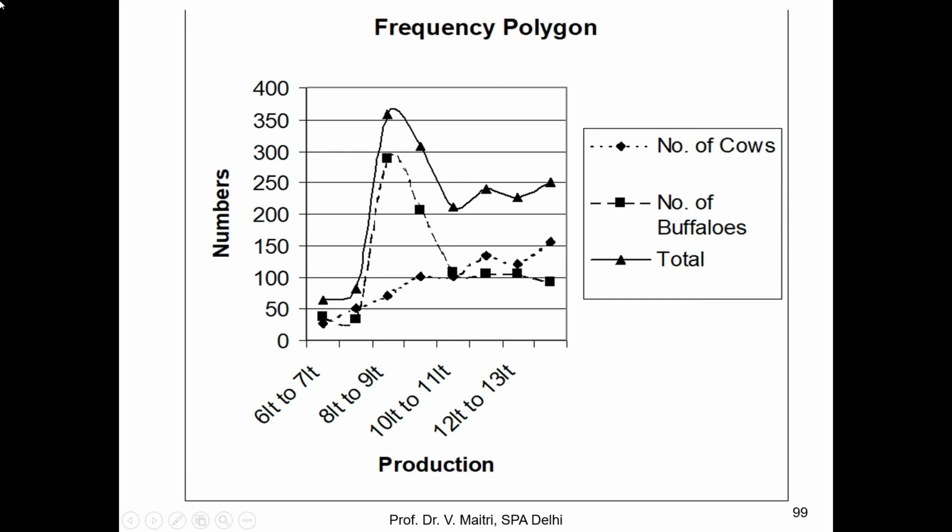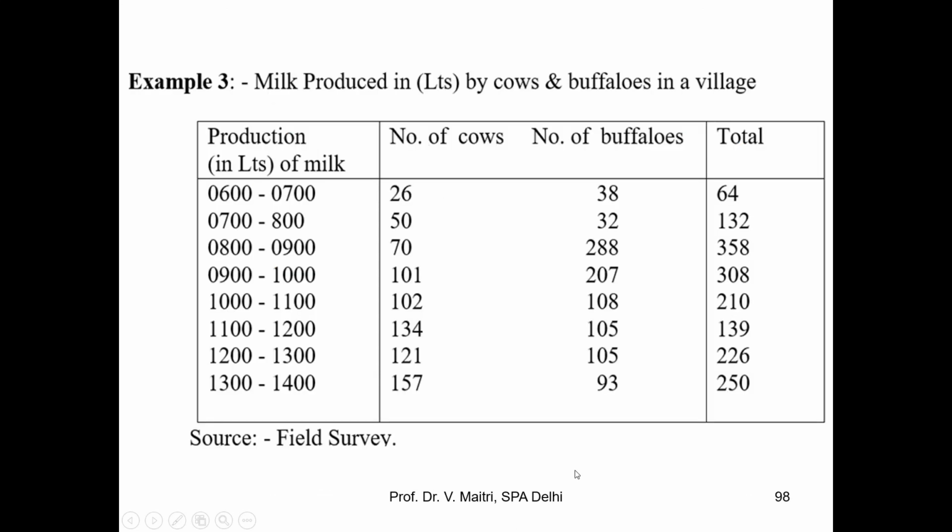Just see, number of cows at 61 liters, 71 liters, 81 liters, 91 liters. These cows we present as dots like this. Number of buffaloes we take, and the total is presented. These are single discrete values, so here we have taken the middle point.